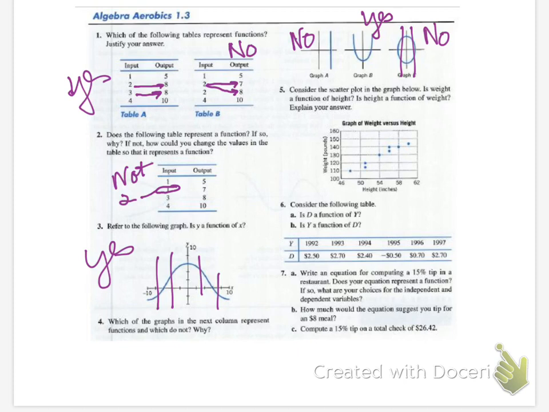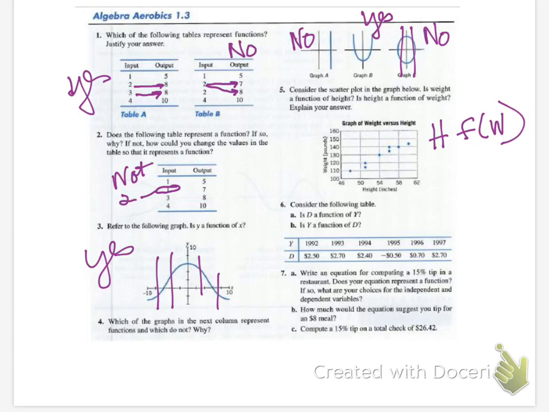But if I go the other way, if I turn this graph on its side, will I fail or pass the vertical line test? We have to think about this. It looks to me that height may be a function of weight. All right, so let's see. Is that going to work?